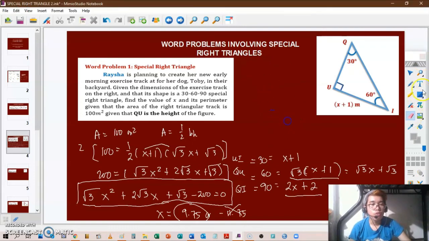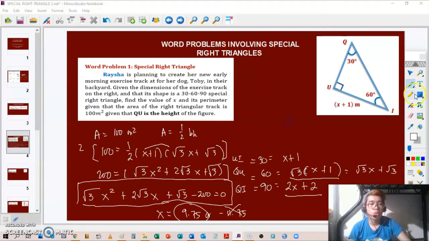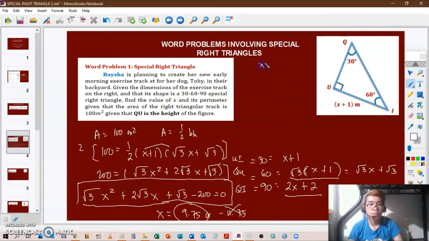And since we cannot have a negative value, therefore the value of x is equal to 9.75. To solve for the perimeter, okay, so we just simply have to substitute the value of x, which is equal to 9.75. So UI is equal to 9.75 plus 1, which is equal to 10.75.